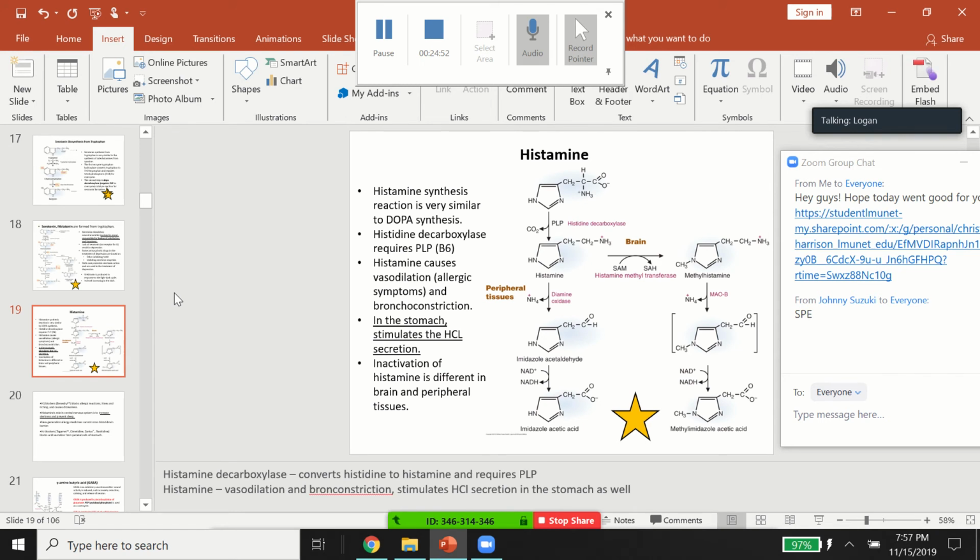Histamine, that's the same case. I don't remember her asking anything about how it's made, but just what it does. The thing I have underlined here is the point about histamine that you don't typically think about, at least I don't, so I underlined it in case somebody's like me. What you typically think about histamine doing is vasodilation and bronchoconstriction.